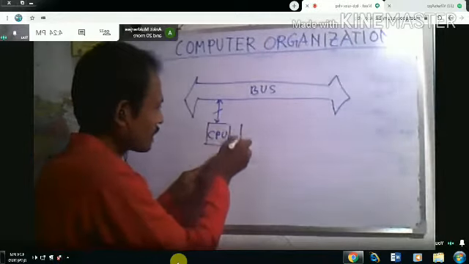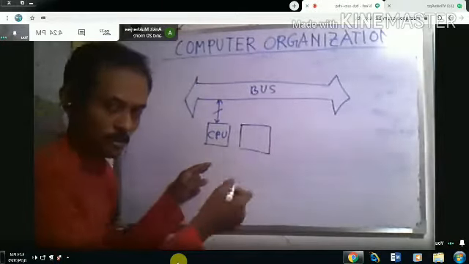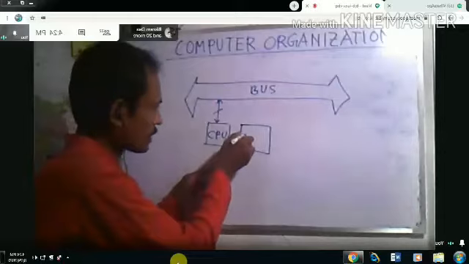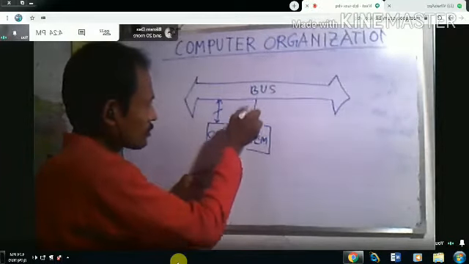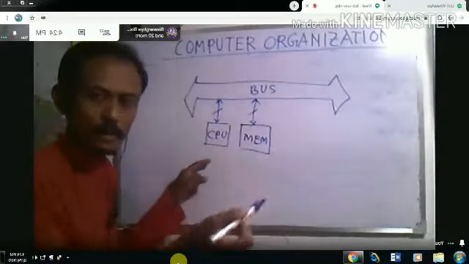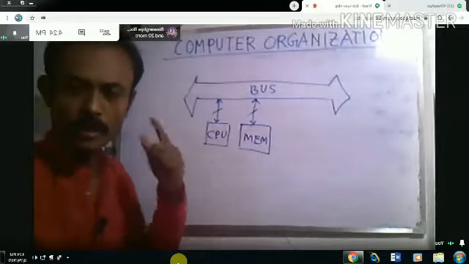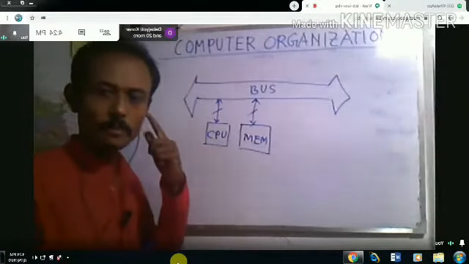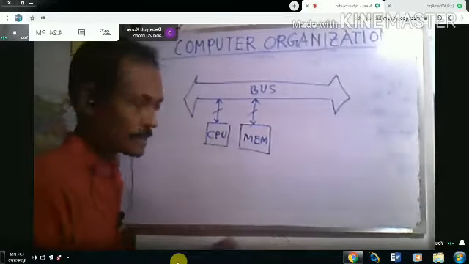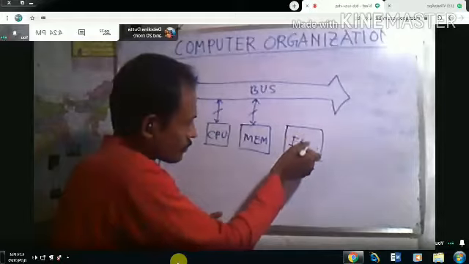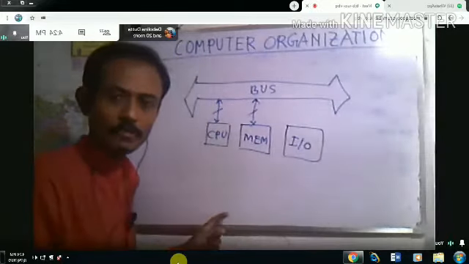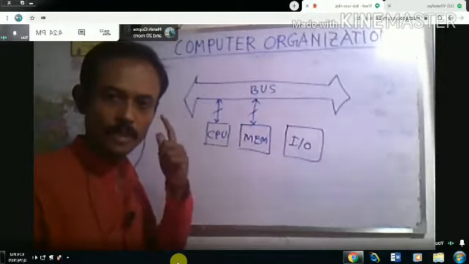Then another very important fundamental component of any computer system is the memory. There are many different types of memory, called the hierarchy of memory. When we discuss the memory component, we will discuss all these things. Lastly, there is another very important part, the I/O devices, that means input and output.